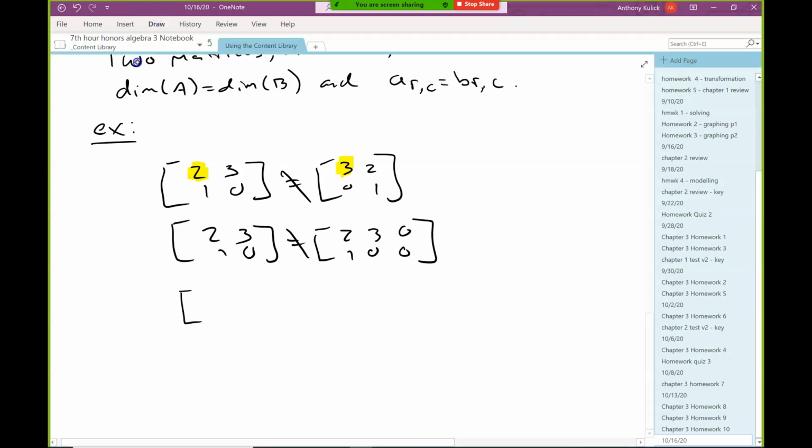For them to be equal, they need to be exactly the same in every way. So you have to have the same shape and the same stuff inside the shape. Is everybody okay with that idea?